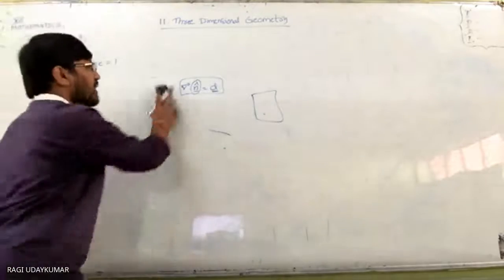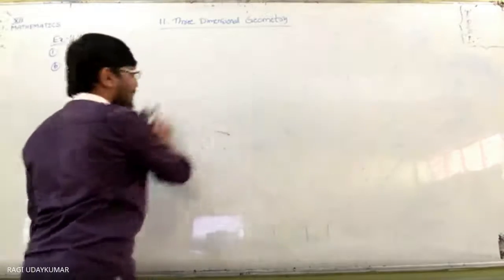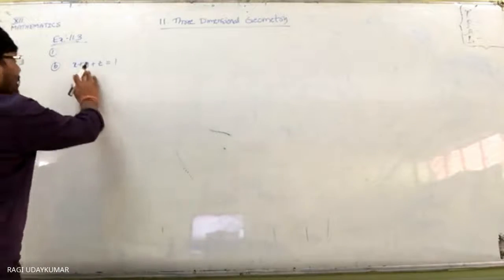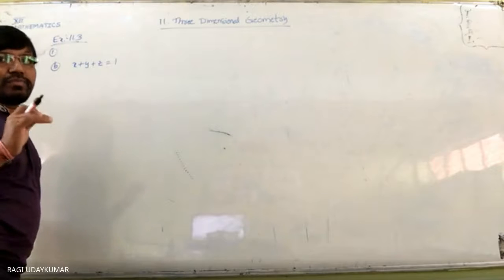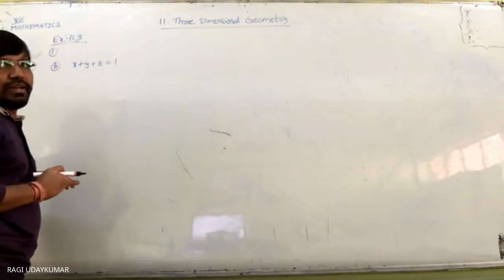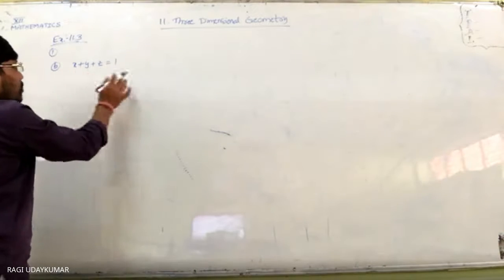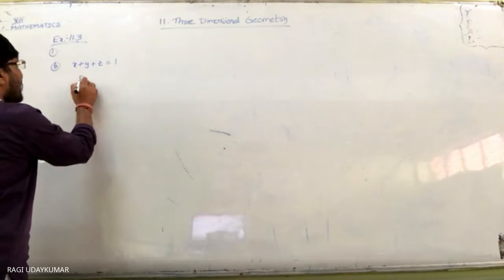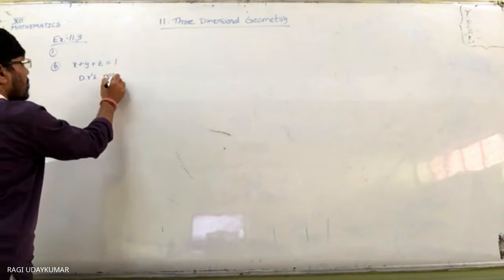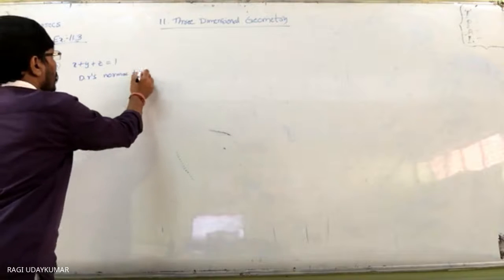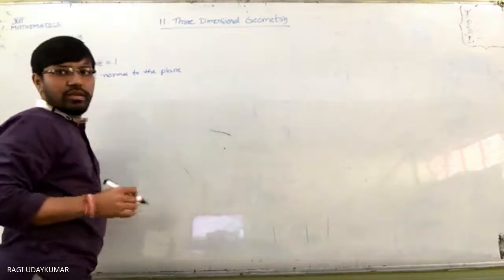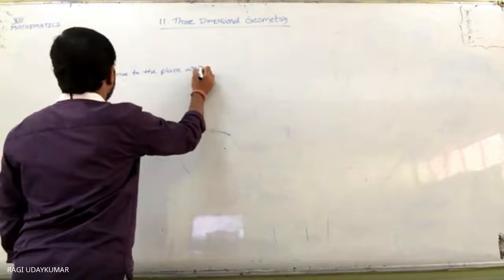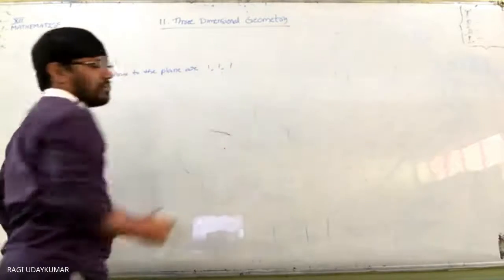So whenever it is given to you, the direction ratios normal to the plane are 1, 1, 1. And we also have to find the distance from the origin.